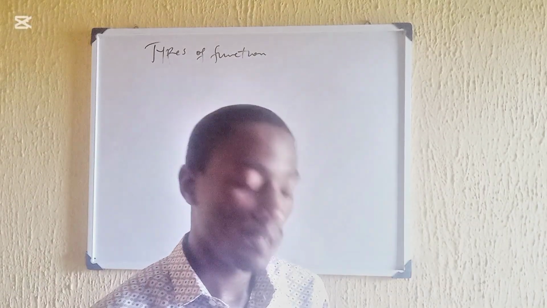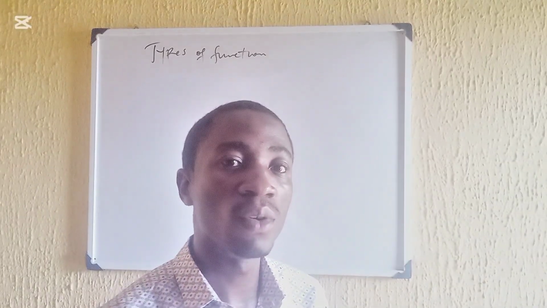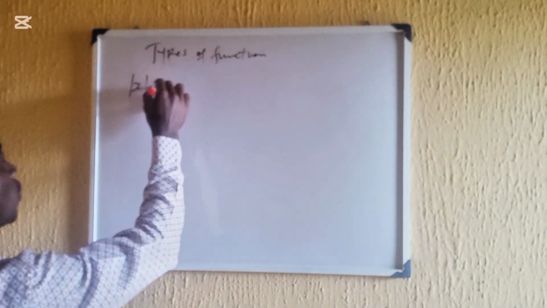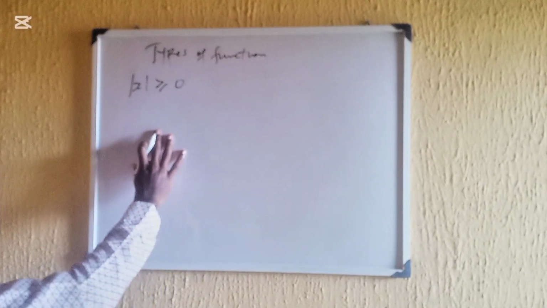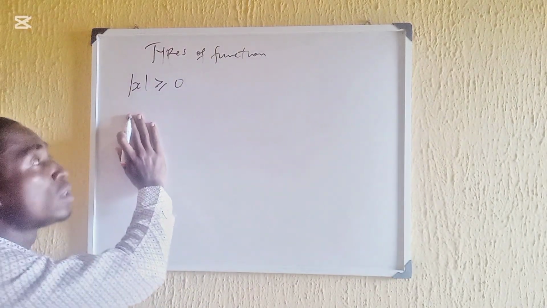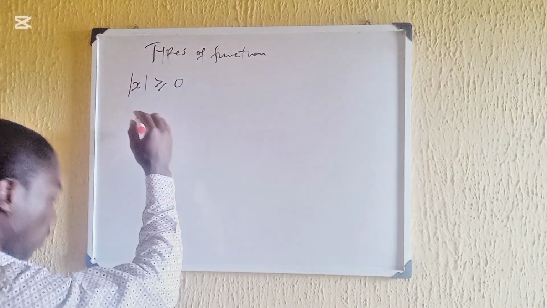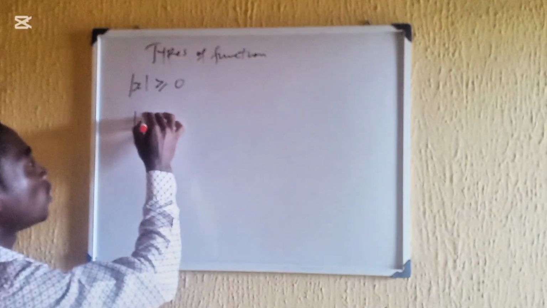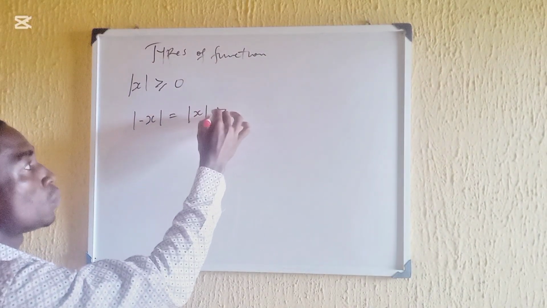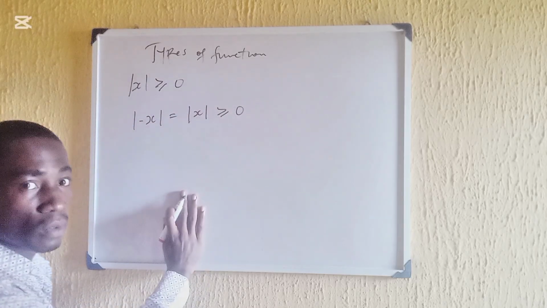Before we go ahead, there are 3 properties of the modulus function I want to talk about. The first one is that modulus of x is always greater than or equal to 0. This implies that the modulus of x can never be a negative number. The second one is that modulus of negative x is the same thing as modulus of x, which is always greater than or equal to 0.